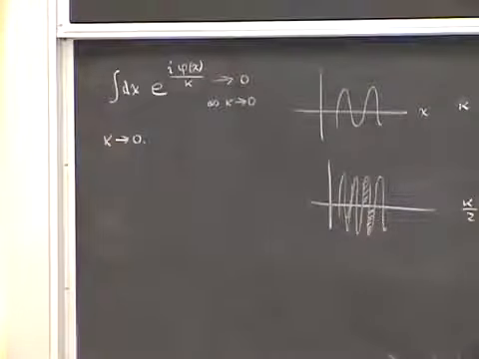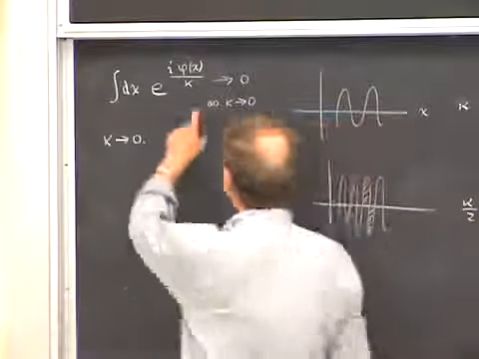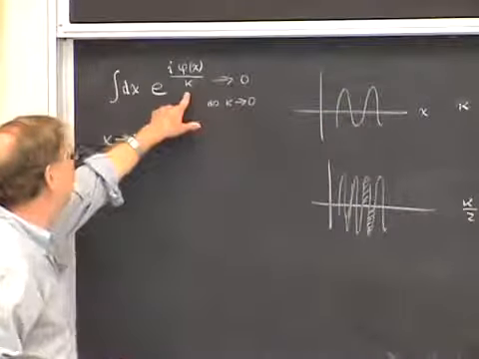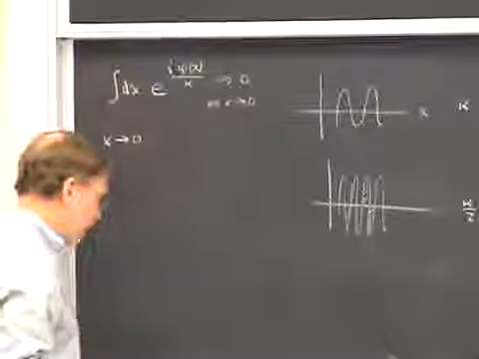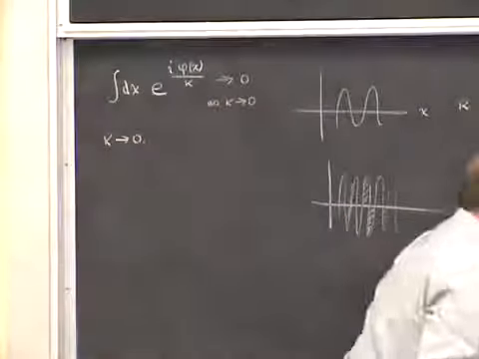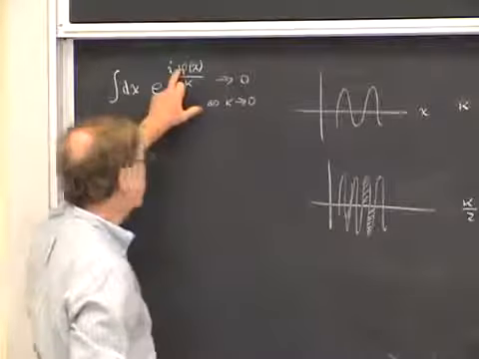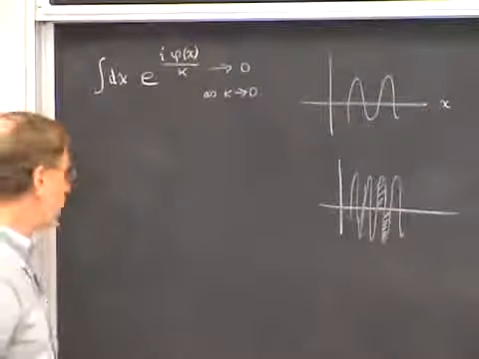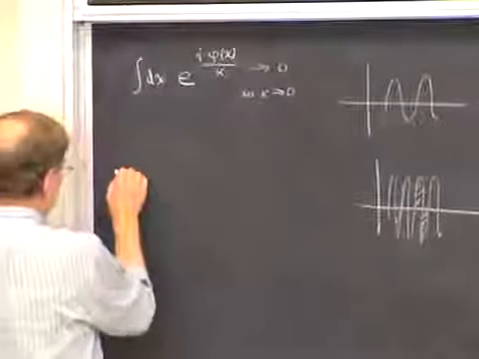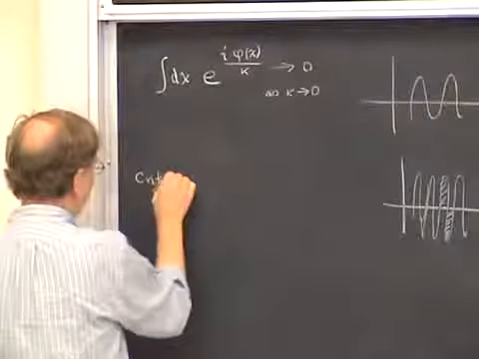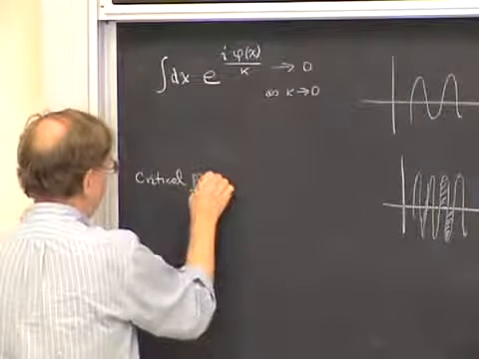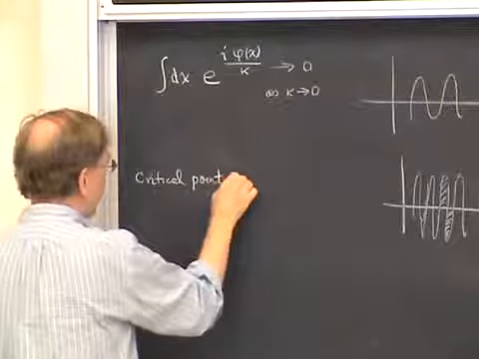Another question is, how does it go to 0? When kappa goes to 0, how does the answer depend on kappa when kappa is small? And the answer to that question depends on whether or not the function phi has any what we call critical points or stationary phase points. So here's what I'll call a critical point. A critical point is mathematical terminology.